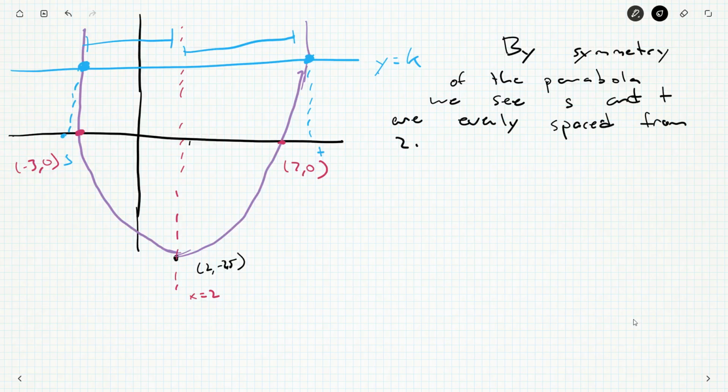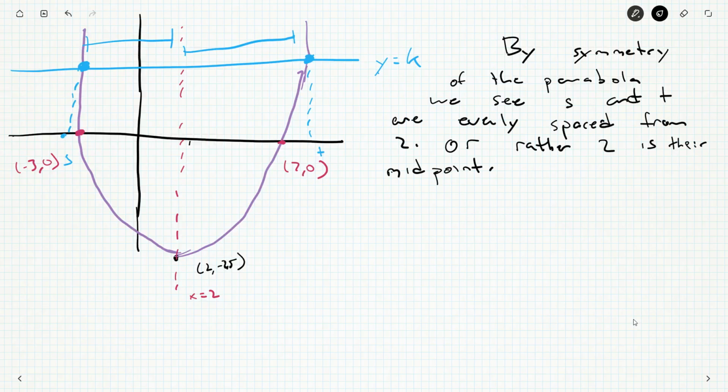And another way of saying they're evenly spaced from 2 is to say 2 is the midpoint of them, or 2 is midway between them.